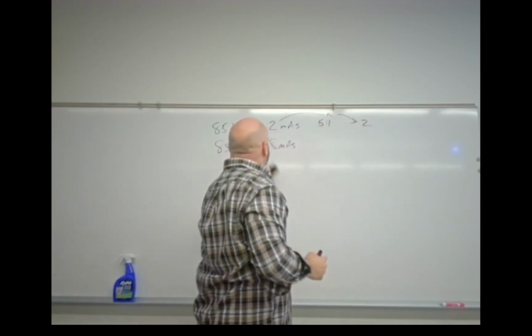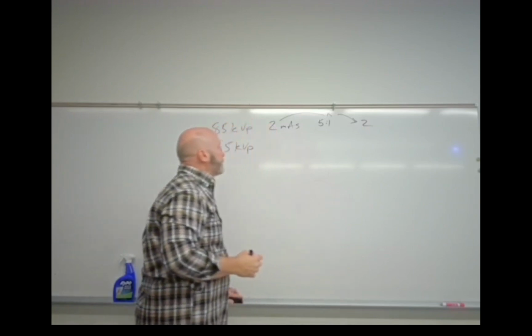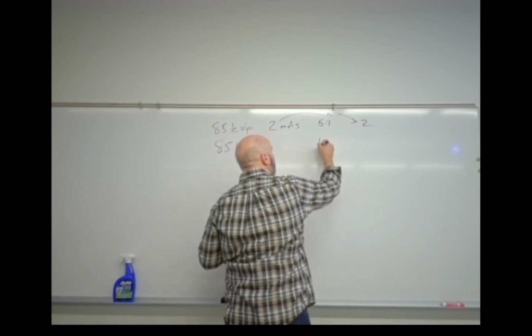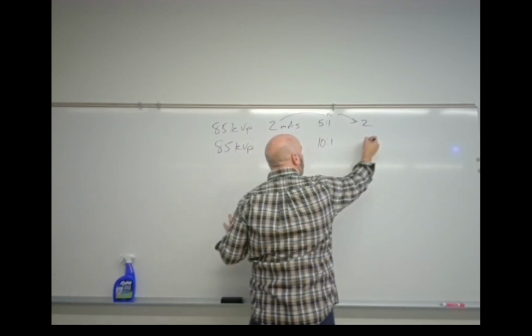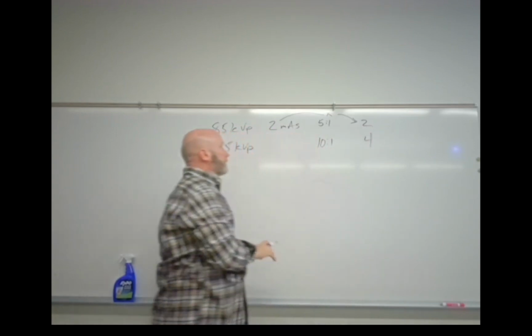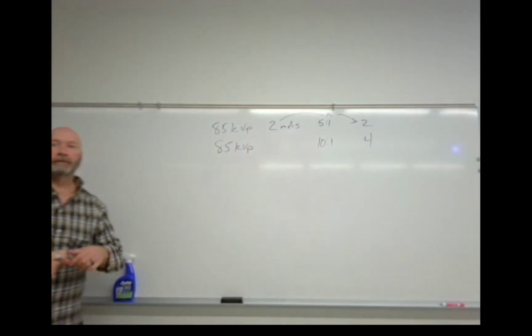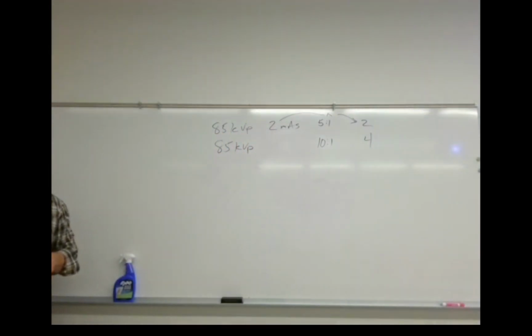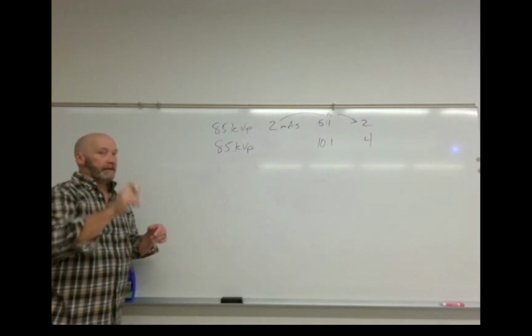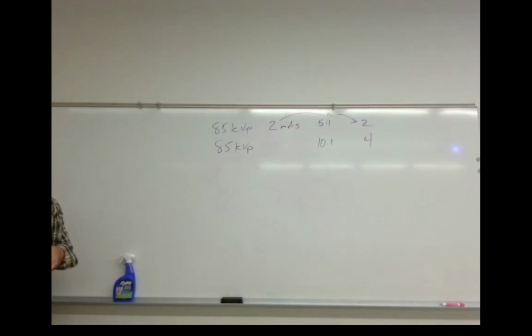And they wanted you to go back up and shoot with a 10-to-1 grid with a Bucky factor of 4. So then it would just be 4 mAs, right? Tell me how you got there though. Well, because your grid factor is only doubling, and so you're only going to double your mAs.